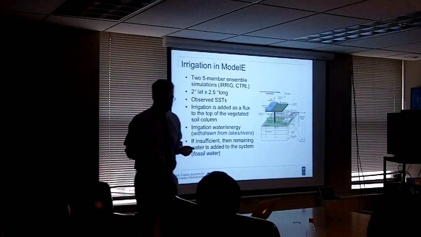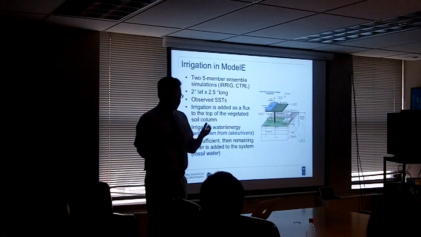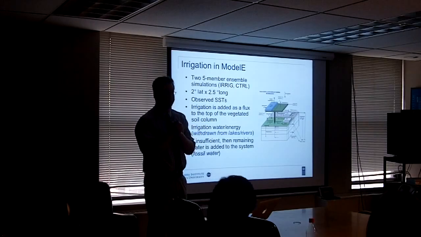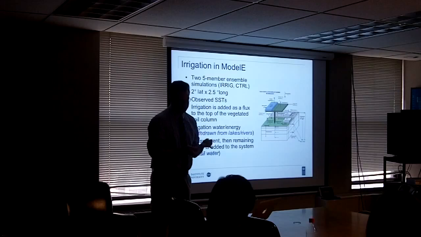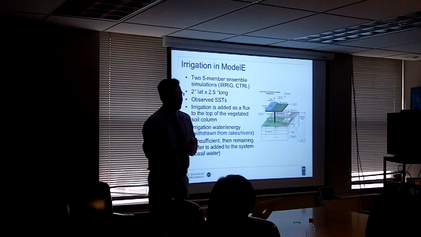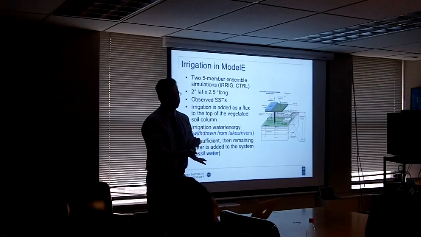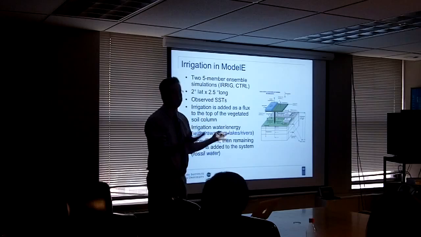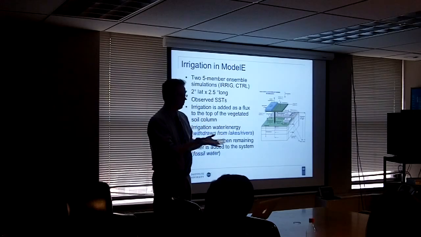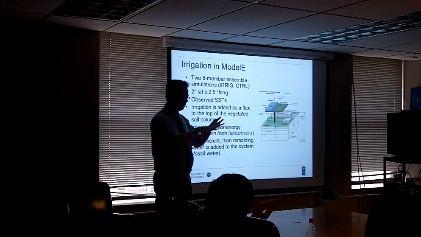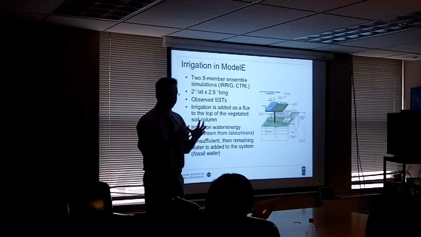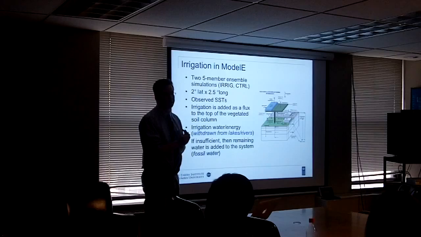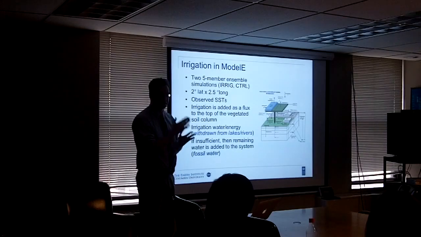Essentially, you have a map of the areas equipped for irrigation globally, and then you have a crop model. You would add water to the crops if the soil moisture was below a certain threshold. This gave us a global data set of irrigation volumes or fluxes, month by month, for the whole 20th century.